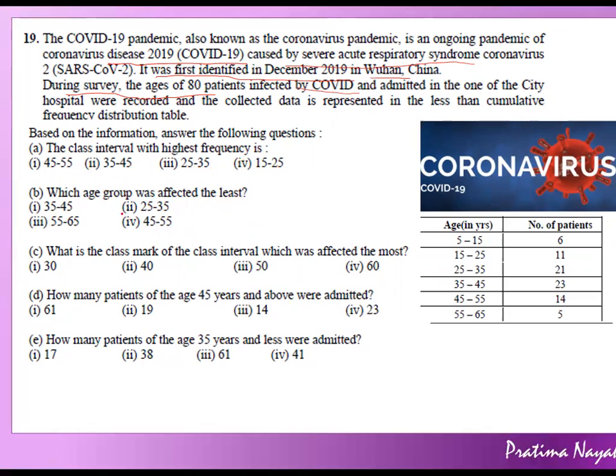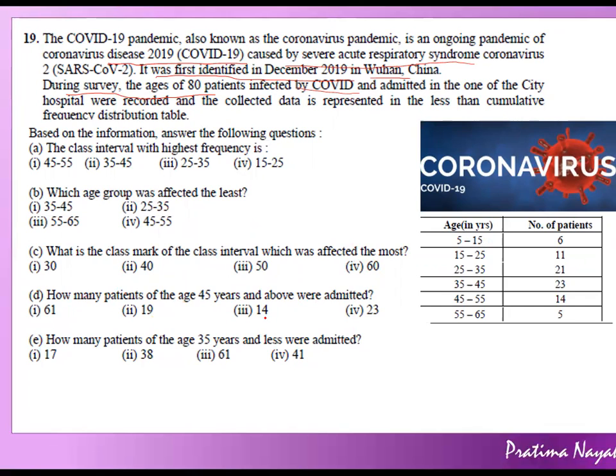It will be 35 to 45, 25 to 35, 55 to 65, or 45 to 55. What is the class mark of the class interval which is affected the most? 30, 40, 50, 60. How many patients of the age group 45 years and above were admitted?